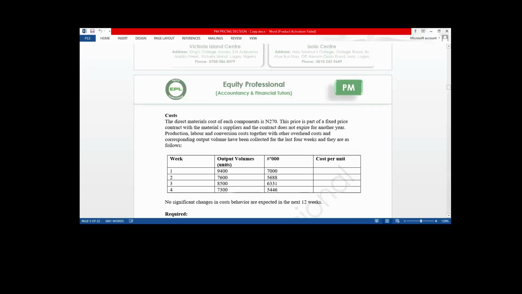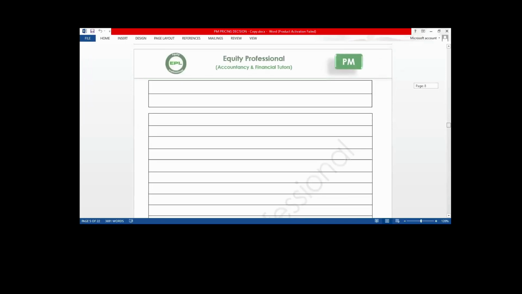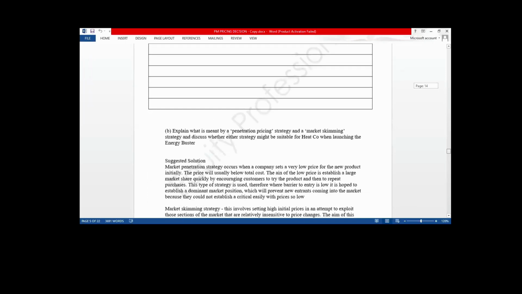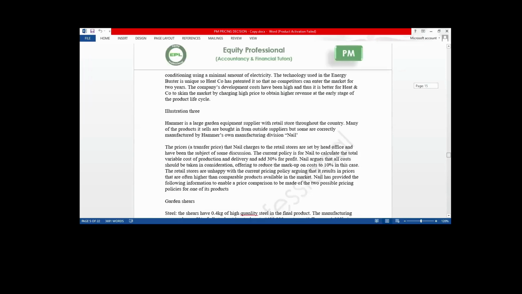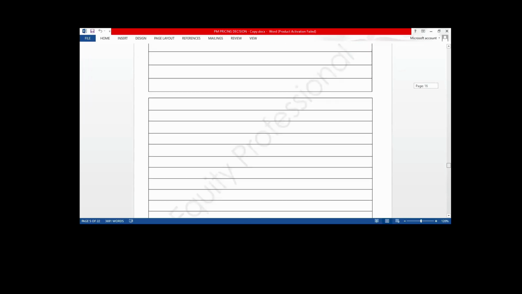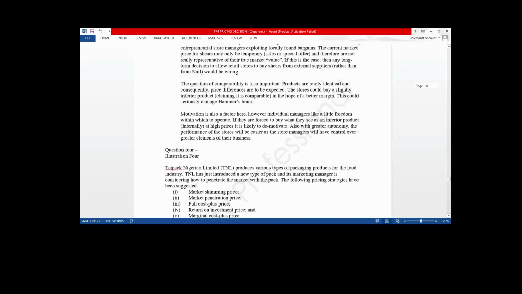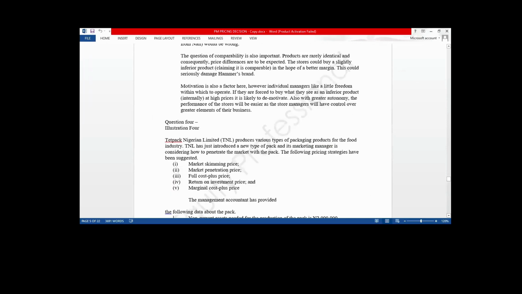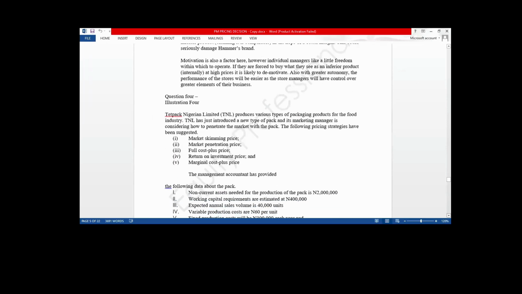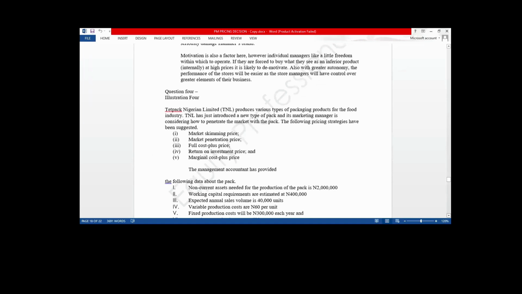Equally, we have shared the question we are solving on this platform. We are starting with Illustration 4, which is available on the group chat. You can look at it.